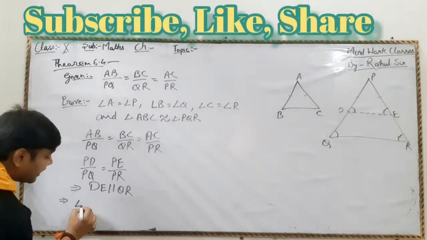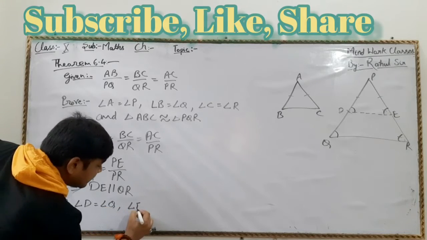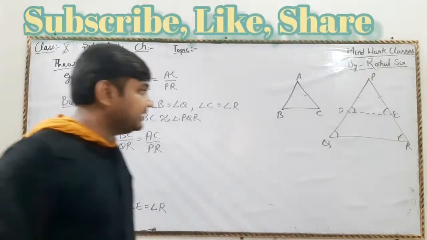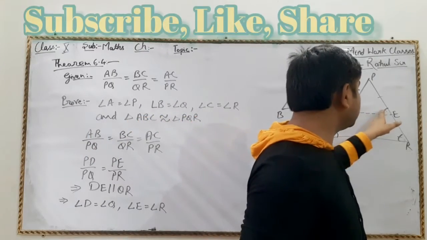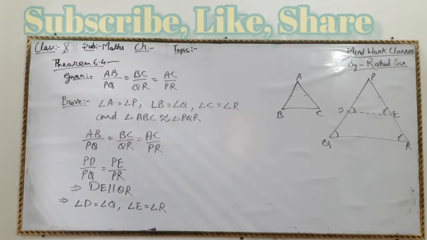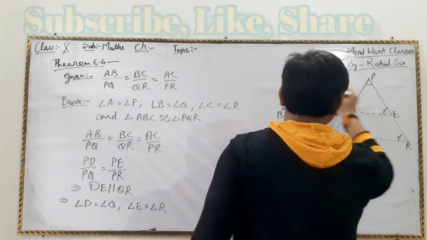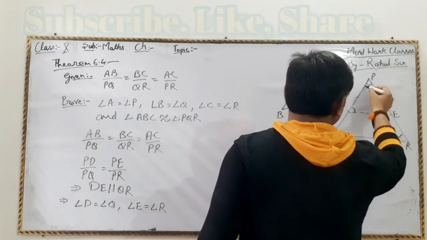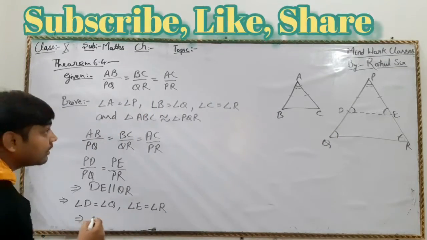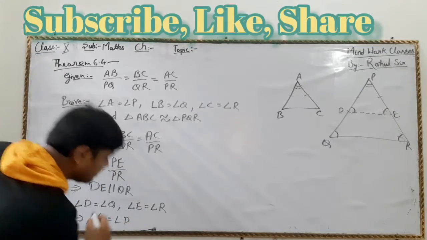Implies that angle D is equal to angle Q and angle E is equal to angle R. Now please understand here, these two angles are equal, these two sides are equal. Obviously this angle will also be equal to this one. Implies that angle A is equal to angle P.